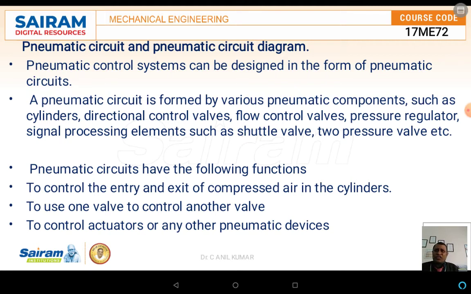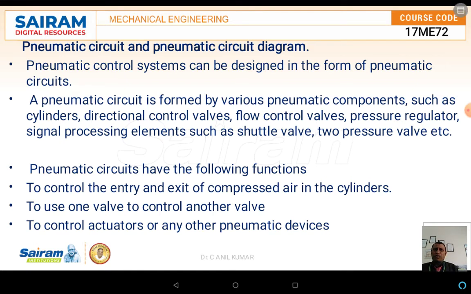As the name itself suggests, a pneumatic circuit diagram means pneumatic control systems, or in simpler terms, a control system where air is used as a medium to extract work. Even here, the circuits are formed by using different types of valves.